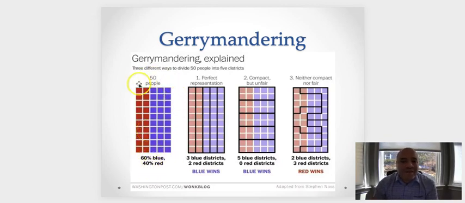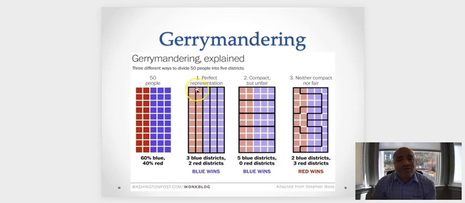We could divide this group of people into 5 equal sections, and in these 5 equal sections, we have representation, right? So that even though the red houses are a minority, they still get some representation. This is perfect representation. There are more blue people, so they get more representation, but there are some red people, so they get representation too.